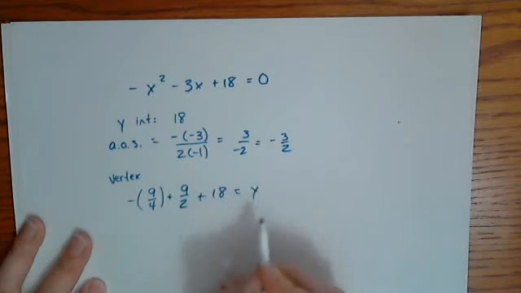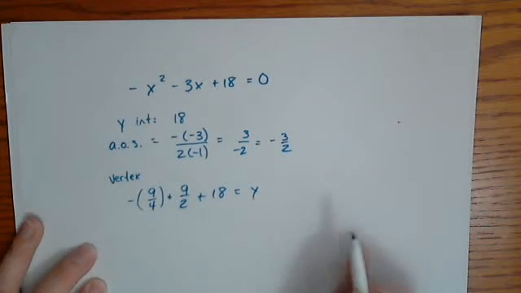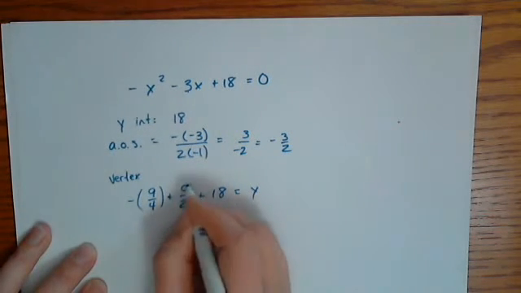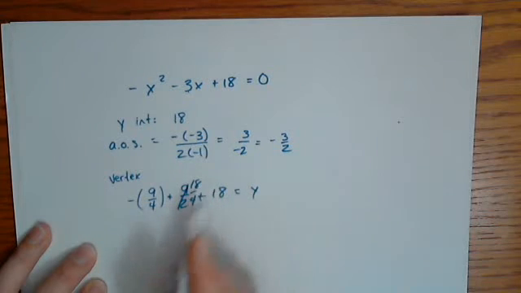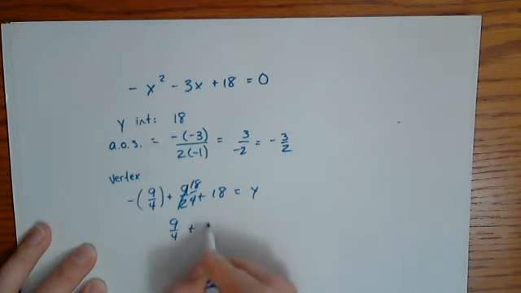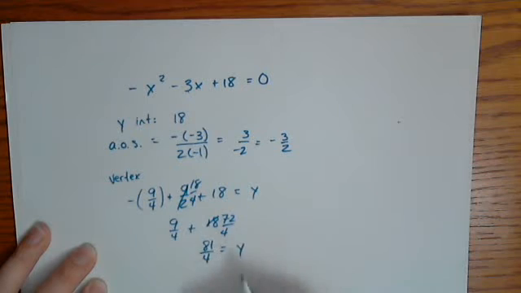And we want to just figure out that's going to be our y coordinate. So again, we change this to 18/4. 18/4 minus 9/4 is 9/4 plus 18. And if we change this to a number over 4, that's going to be 72 over 4. 72 plus 9 is 81 over 4 equals y.